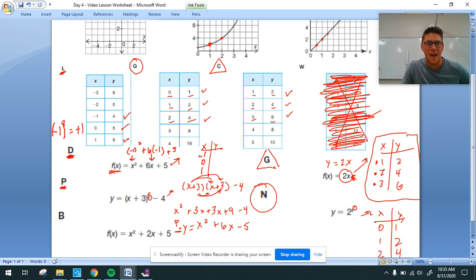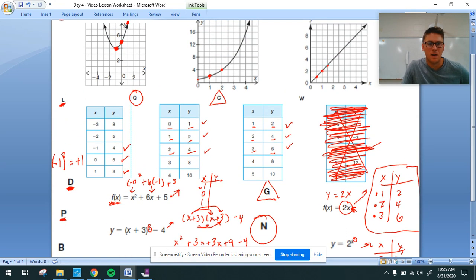And we add 5, and we end up getting 0. Plug in a 0, and we end up getting back 5. Plug in a 1, and we end up getting back 1 squared plus 6 times 1 plus another 5 is 12.